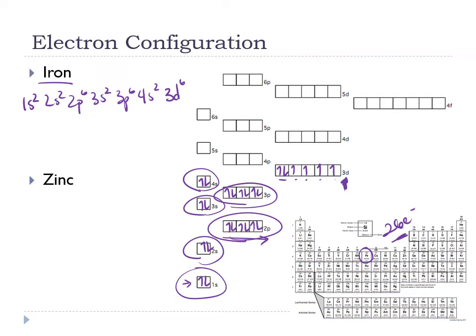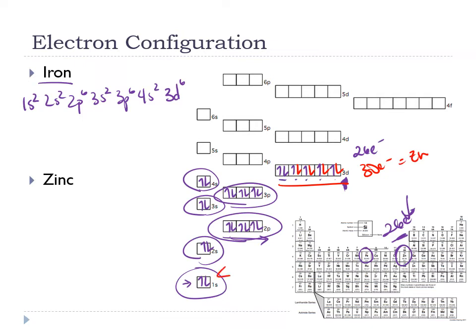Zinc is here with 30 electrons. Do I need to erase all of this and start over? No, I'm going to keep going. This was already 26 electrons. I just need to add 4 more to get to zinc. So here's electron number 27, 28, 29, 30. So this is 30 electrons for zinc.